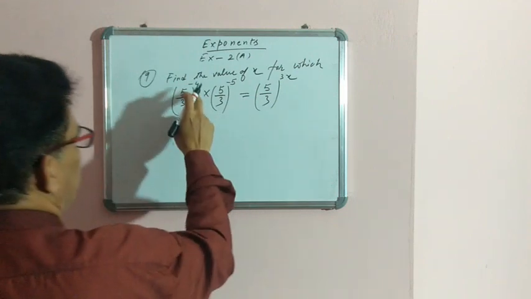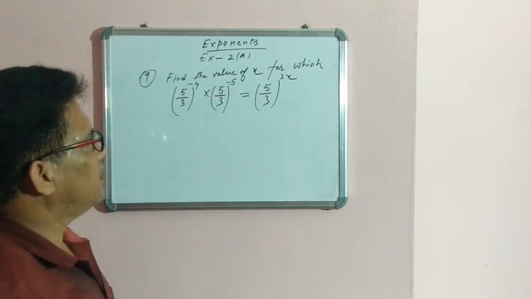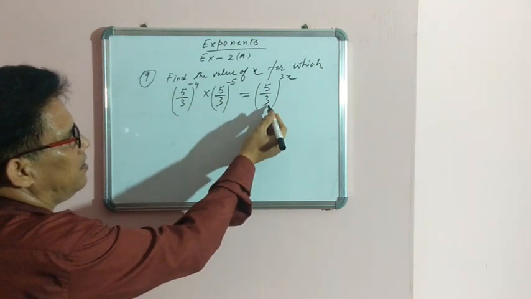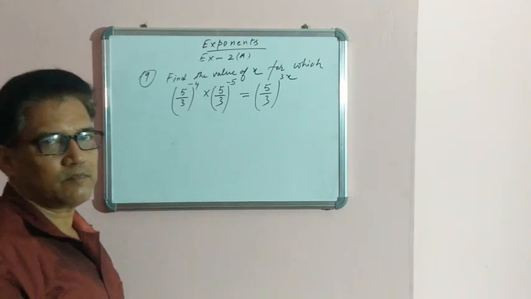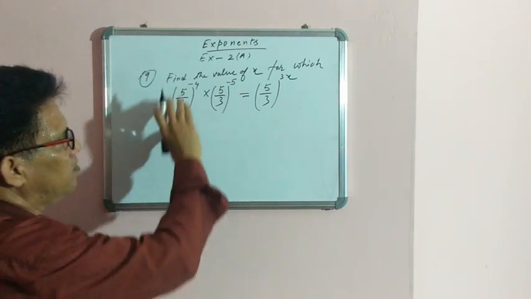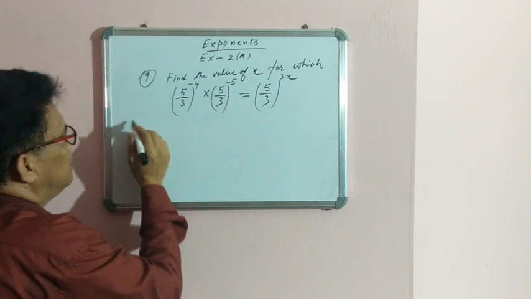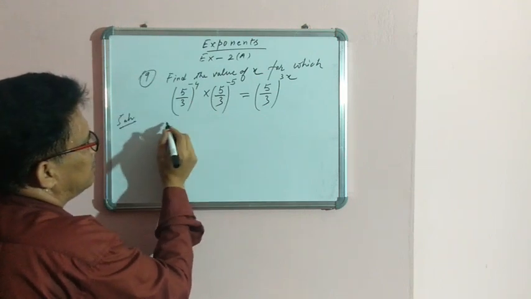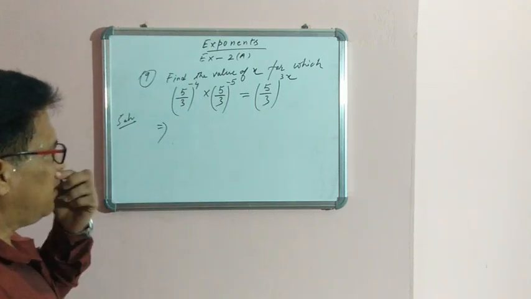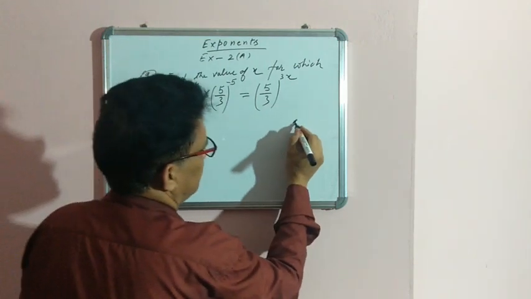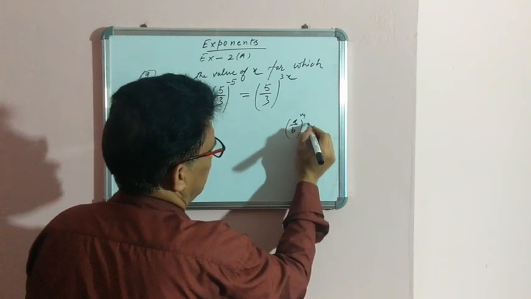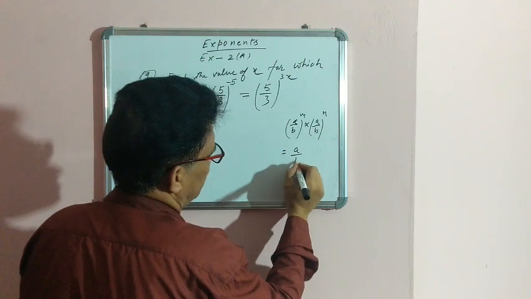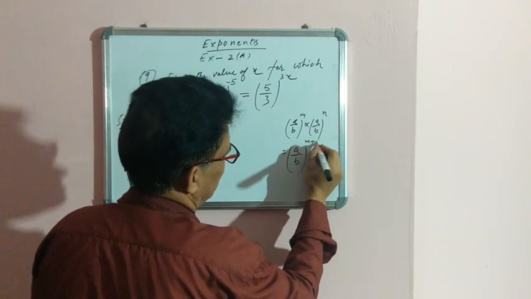Here exponents are negative here, but we are not doing the reciprocal here. Why? Because 5 by 3 and also 5 by 3 here at RHS power 3x. So I am not doing the reciprocal here. So solution, you will write the question first, then this implies that a by b power m into a by b power n, that is equal to a by b power m plus n.